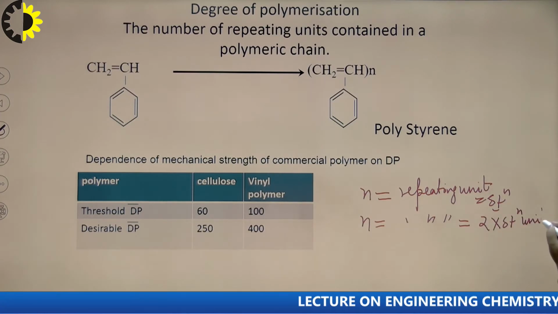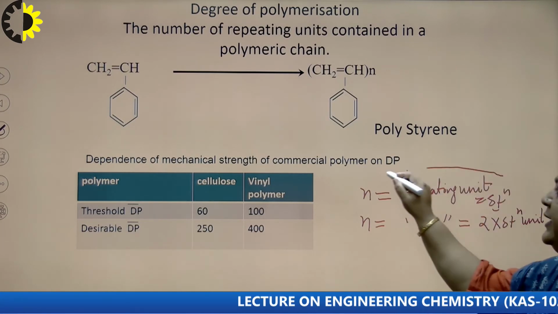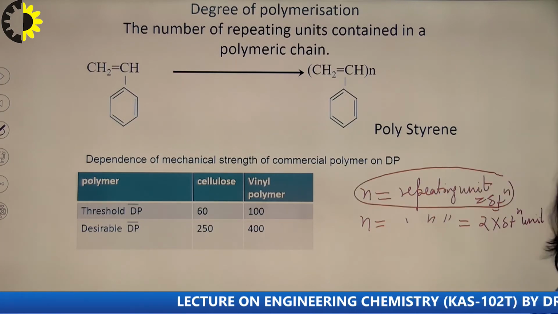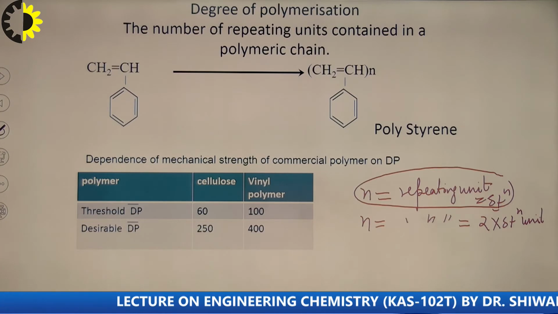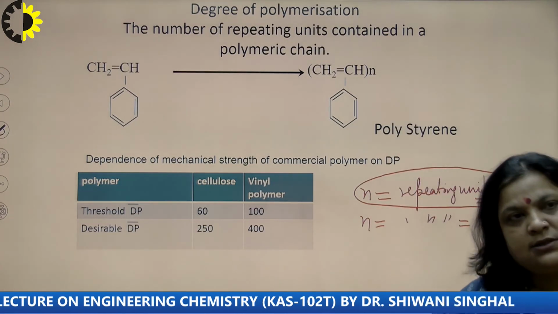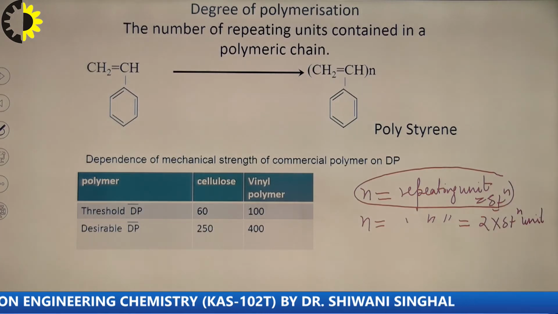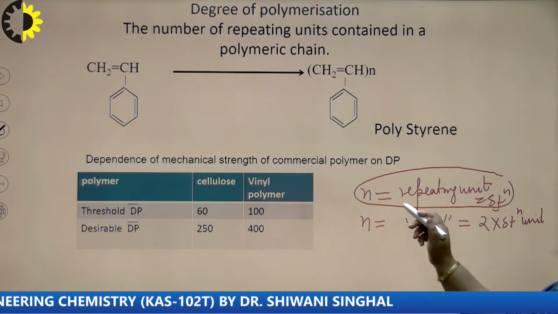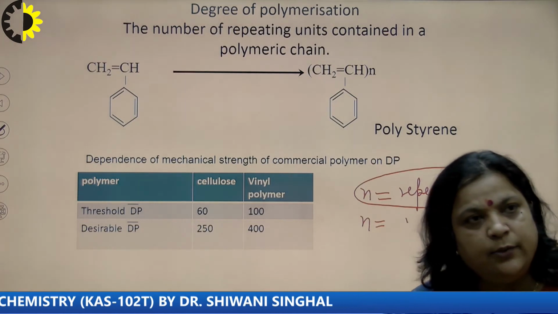If we see a single macromolecule like PVC, or polystyrene, the repeating unit is single or the same. So, in that case the number of repeating units will also be equal to the number of structural units.